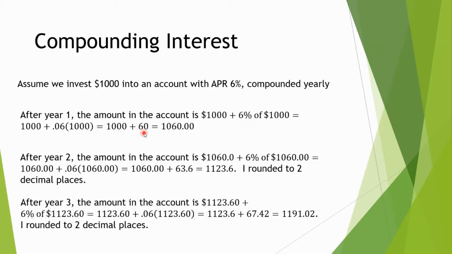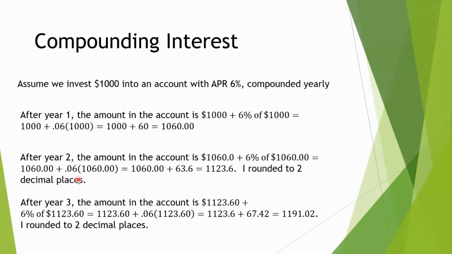But now, this is where it differs from simple interest. After year 2, as you can see, we have the $1,060 in there. We're going to calculate 6% of that. We're going to add on 6% of this new amount, as you can see.